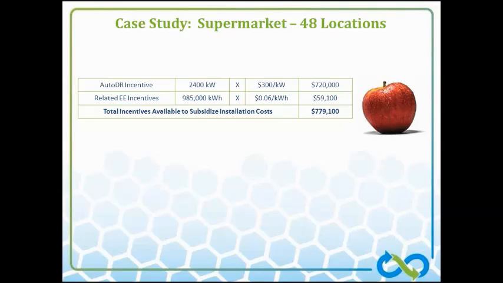We have a supermarket with 48 locations, dropping 50 kW each site, $720,000 in total available funds against a project that's actually still being determined, but the funds are already reserved, of $779,000.